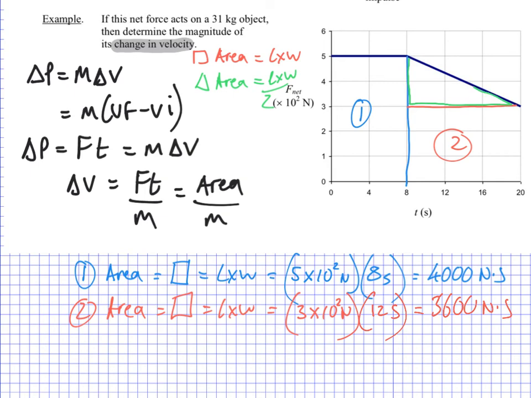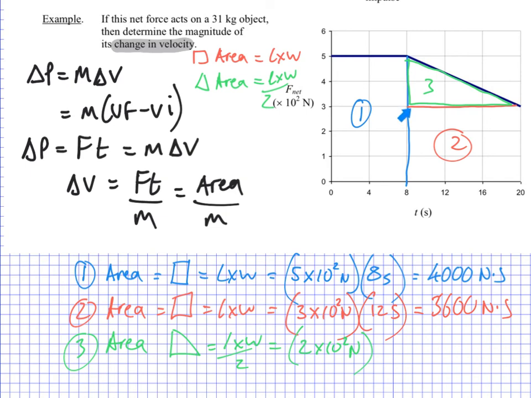Okay, so I've got my third space right here, which is going to be my third area. And this is a triangle, so I'm going to have to go length times width divided by 2. Okay, so let's take a look at the values. Well, this edge here is going from 3 to 5, so that's 2, and not forgetting times 10 to the power 2.